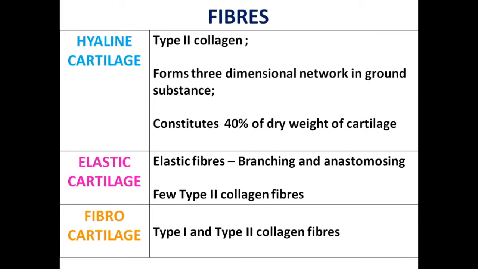And in fibrocartilage there is presence of type 1 and type 2 collagen fibers, but mainly it consists of type 1 collagen fibers. So that is about the fibers of hyaline cartilage, elastic cartilage and fibrocartilage. To differentiate, we can say that in the hyaline cartilage there is type 2 collagen, in the fibrocartilage there is mainly type 1 collagen, and in the elastic cartilage there are elastic fibers present.